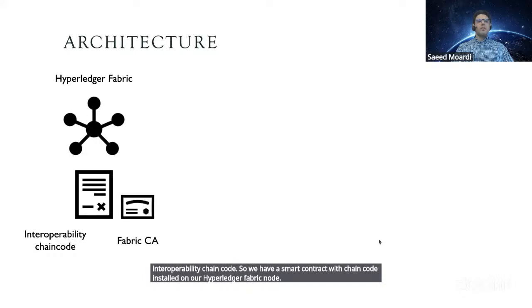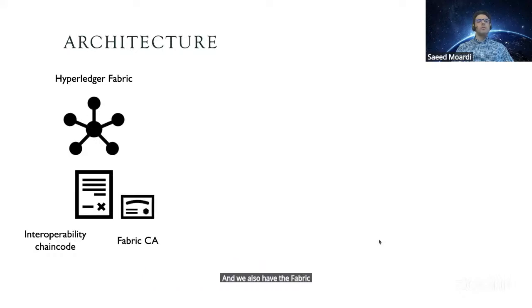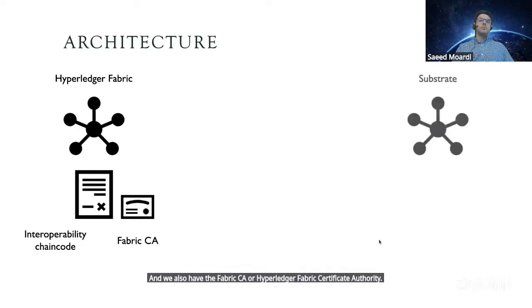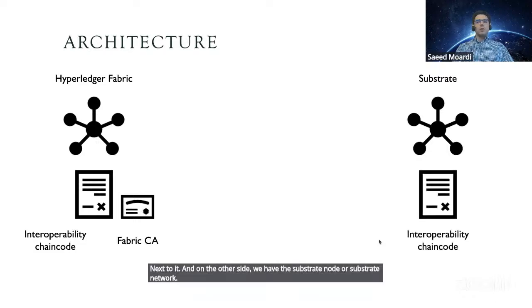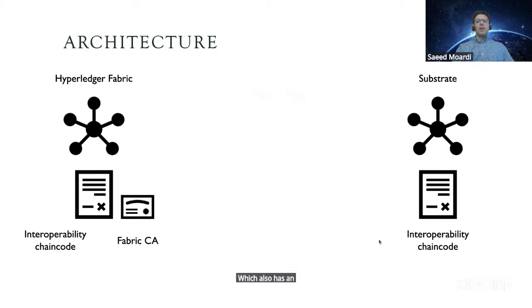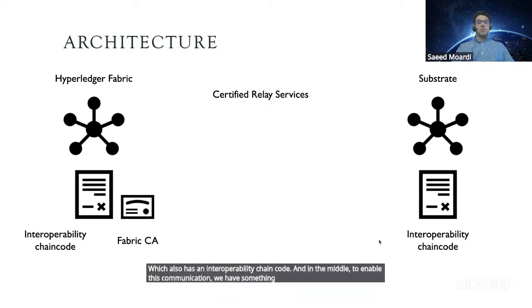We also have the Fabric CA, or Hyperledger Fabric Certificate Authority, next to it. On the other side, we have the Substrate node or Substrate network, which also has an interoperability chain code. And in the middle, to enable this communication, we have something called certified relay services.